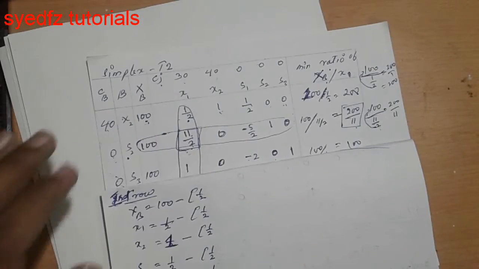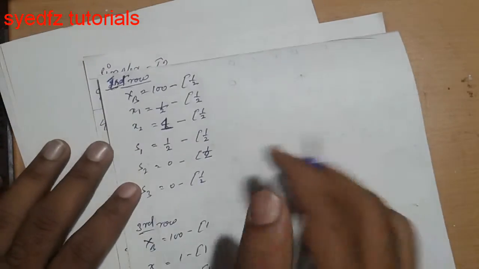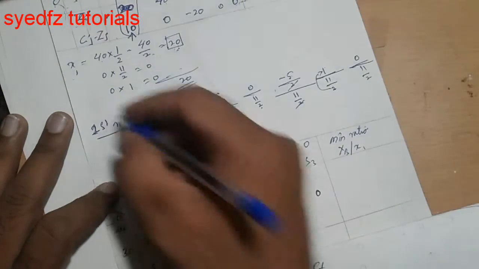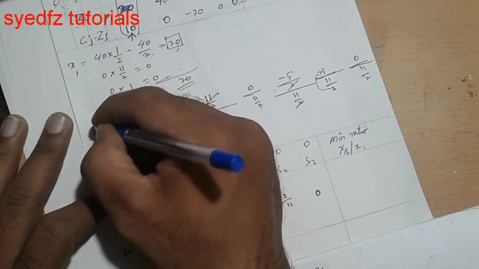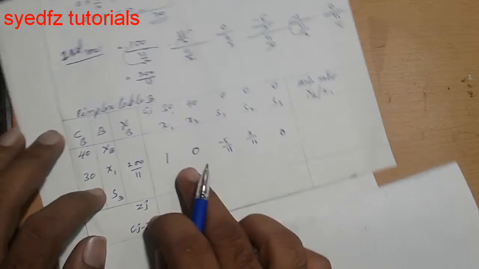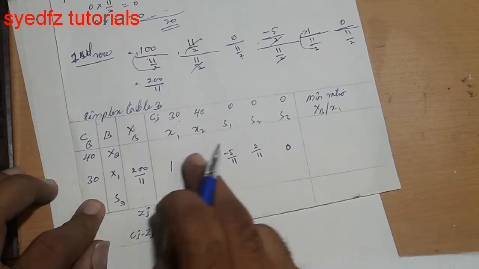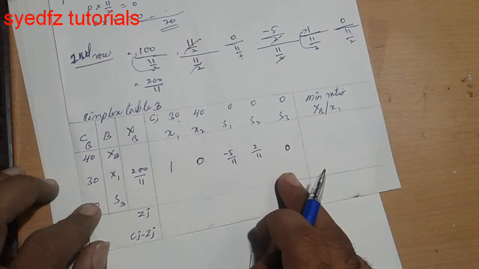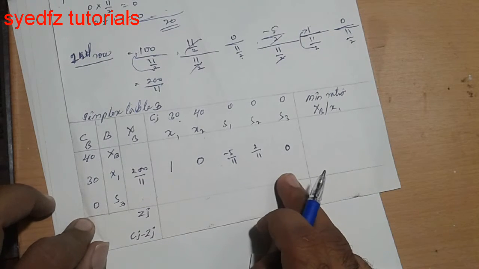Here we have got the second row, so we need the first row and third row.